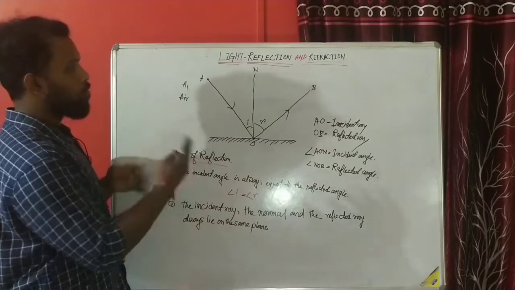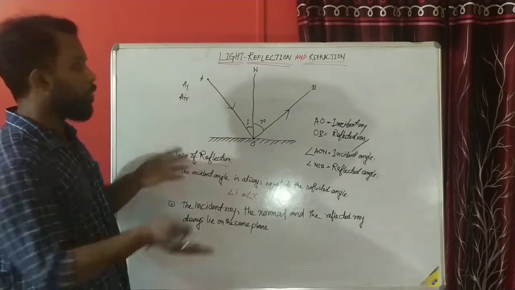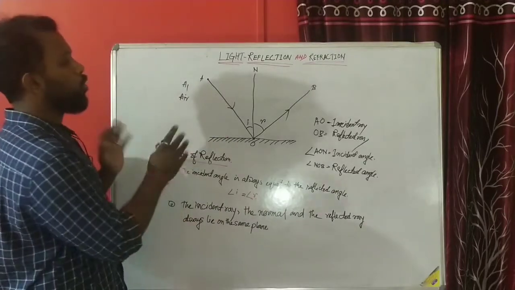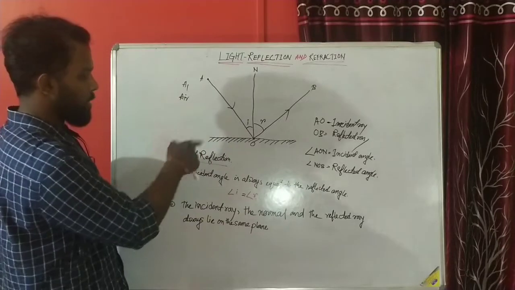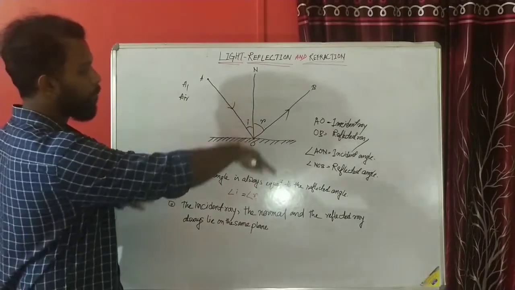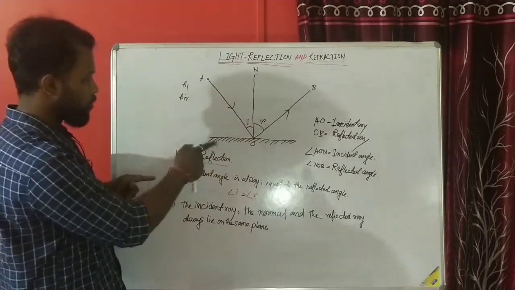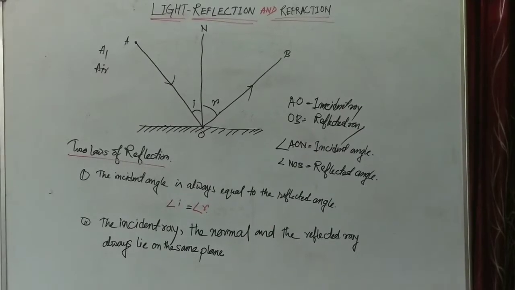When I was drawing, maybe it was quite difficult for you to observe. Now look closely at the board and draw it properly as I have drawn it. I have drawn a polished surface, where these dotted lines are.